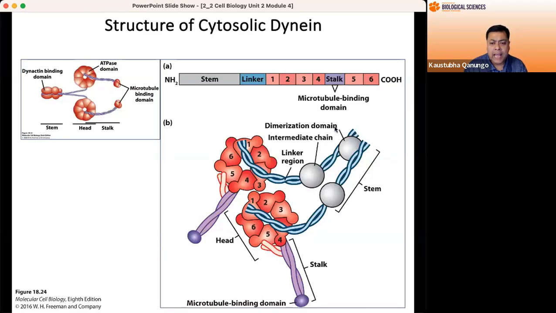A lot of people ask what are the things that we need to know in here. So I will say, know that these are, first of all, large proteins, and they have a cyclic ring-like ATPase domain. See that? It's a hexamer, a cyclic ring-like ATPase domain.